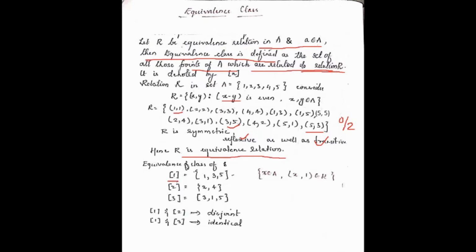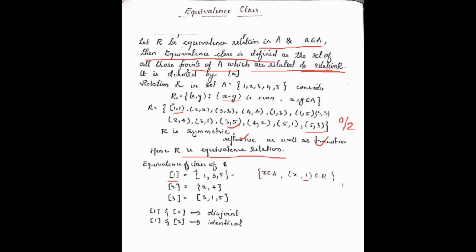Equivalence class of 1. See, when we find the equivalence class of 1, what we do is, 1 will be the second component of a pair. We'll see in the relation R where 1 is the second component. See here, 1 is the second component. And along with that, what is the value of x? 1. Getting it?